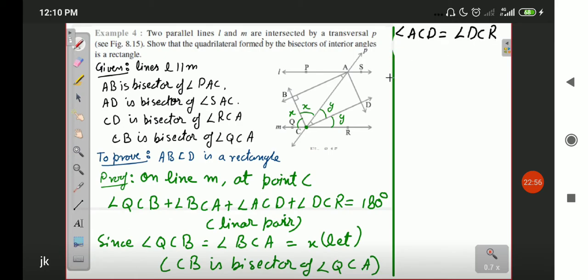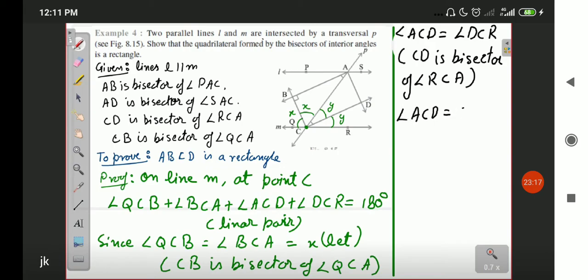Why so? Because CD is bisector of angle RCA. Okay, so we are going to let that angle ACD is equal to angle DCR is equal to Y.